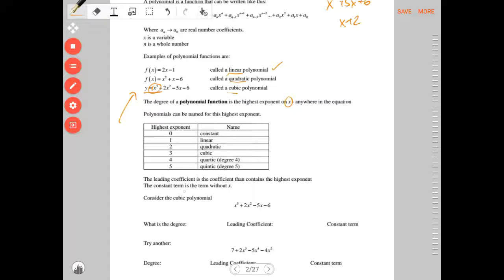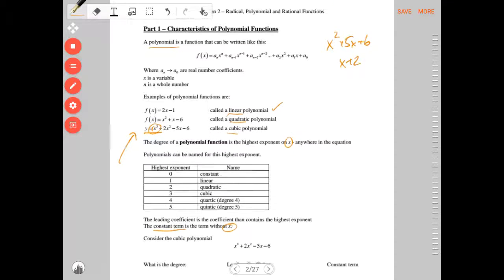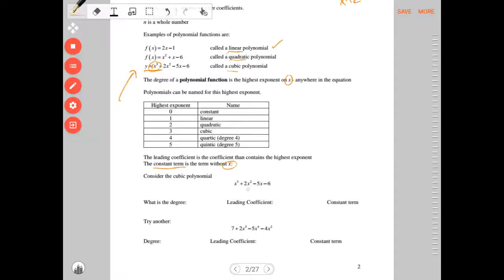Now, again, the constant term is any term that doesn't have x in it. So I want you to consider this particular polynomial: x cubed plus 2x squared minus 5x minus 6. So there are 4 terms here. Remember, each term is separated by a plus or a minus sign.